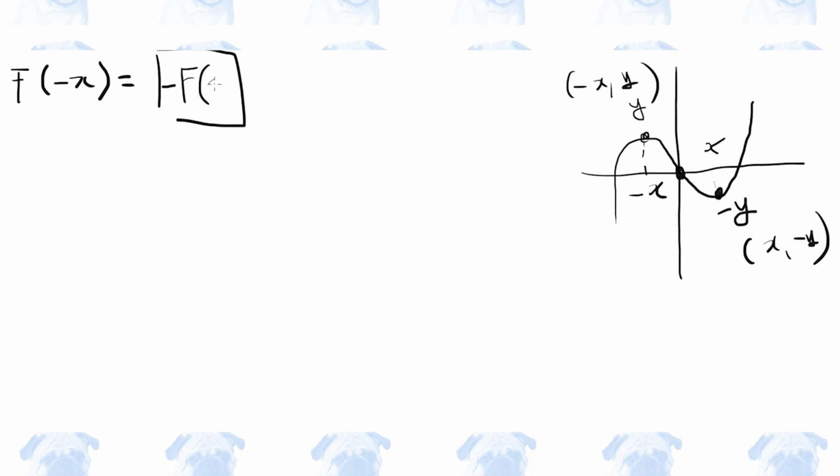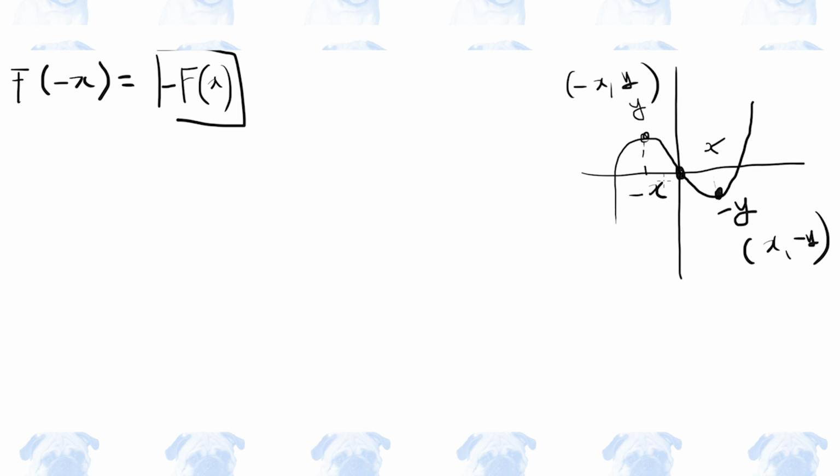Therefore, if you input a negative number into this function, like minus x, let's call the corresponding y value just y, then we will have another point such that the signs of x and y are inverted. Therefore, this is equal to minus capital F of x.